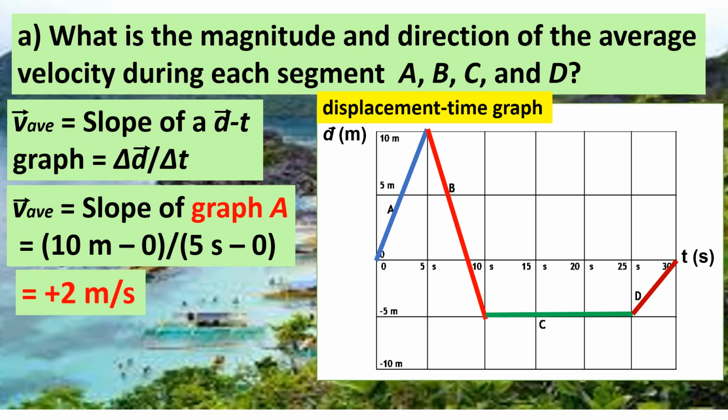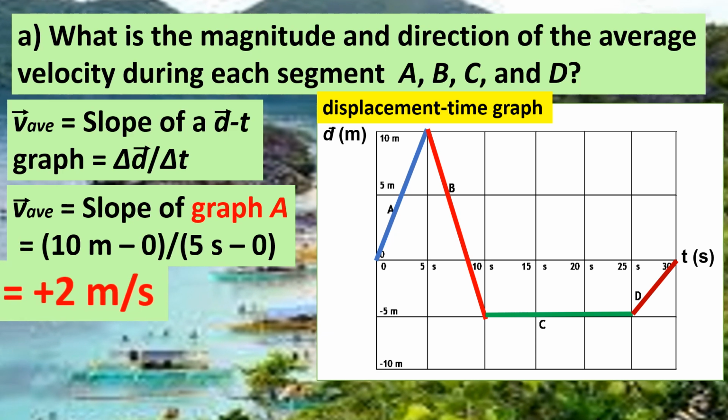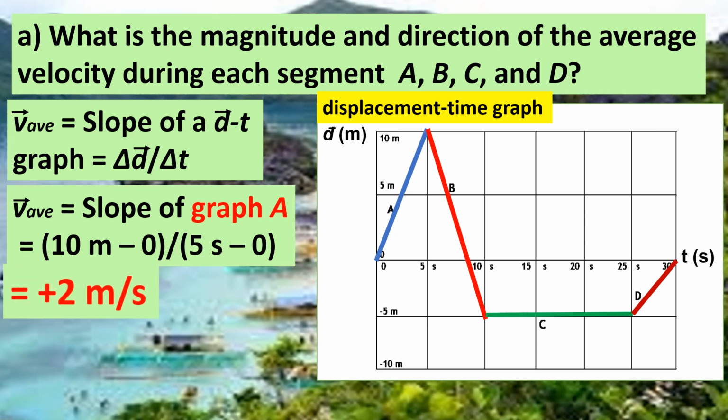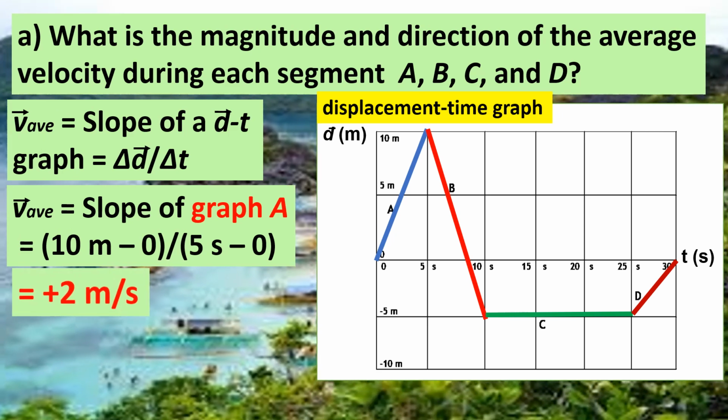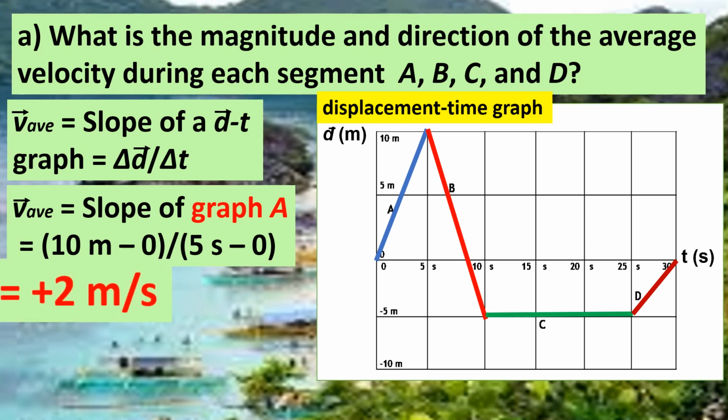This means that the particle is moving constantly at 2 meters per second in the forward direction.